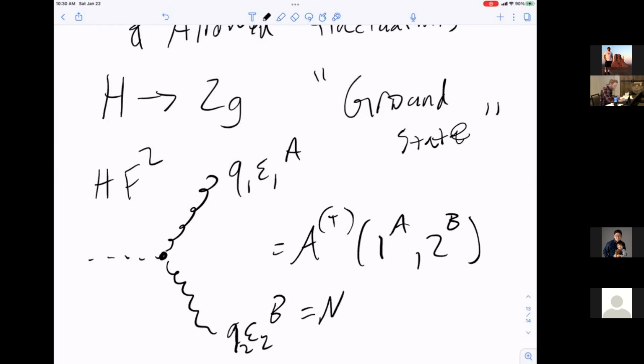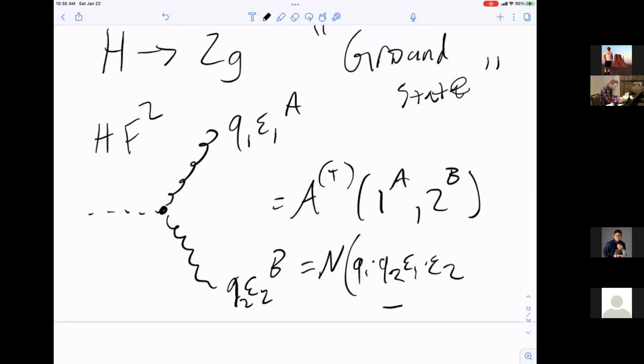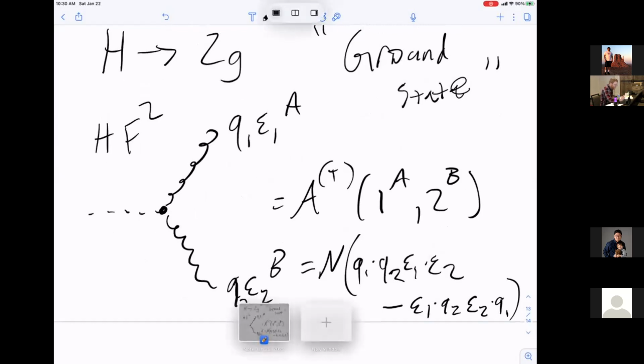And this thing is going to be some normalizing factor. Q1 dot Q2, epsilon 1 dot epsilon 2, minus epsilon 1 dot Q2, epsilon 2 dot Q1. And, oh my gosh, I write way too big.